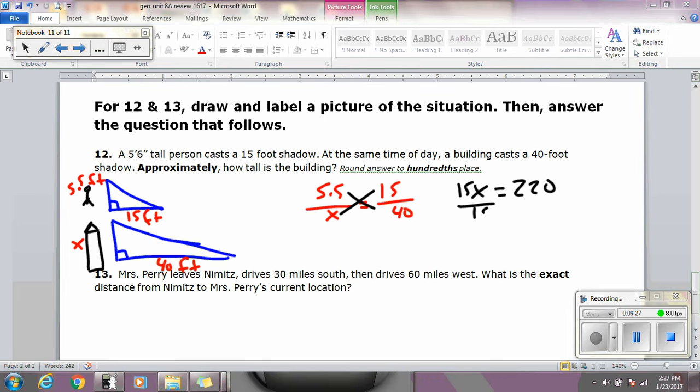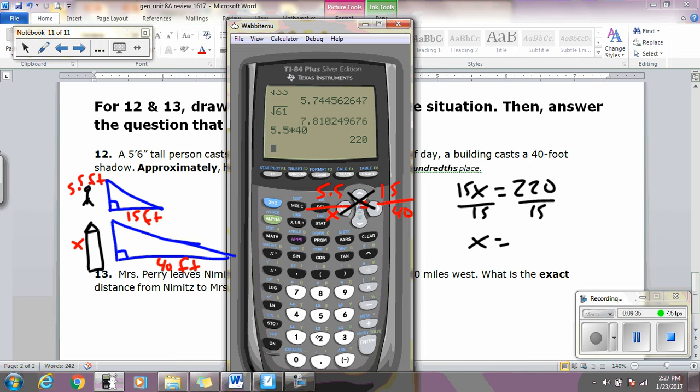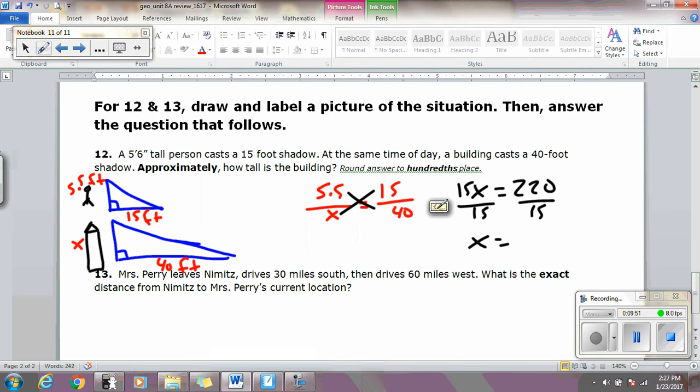And divide both sides by 15. So x is approximately, it's set to the hundredths, so that means 2 places behind the decimal, so about 14.67 feet. That is a short building.